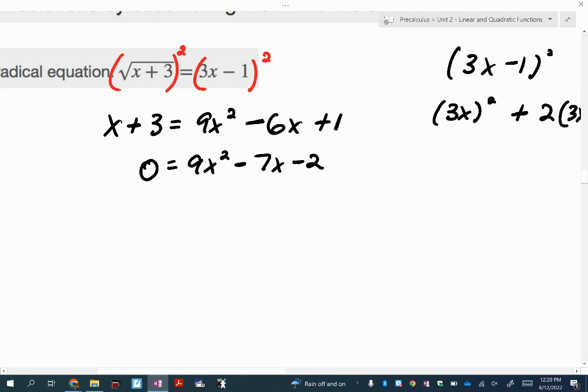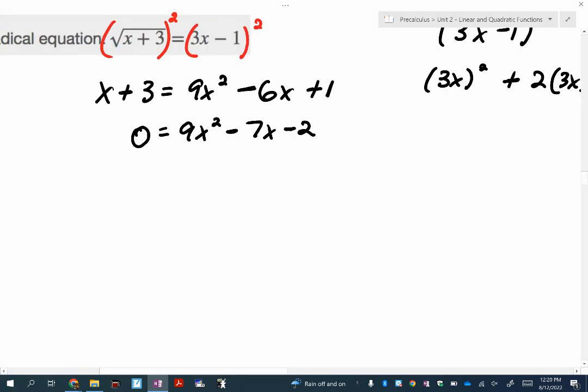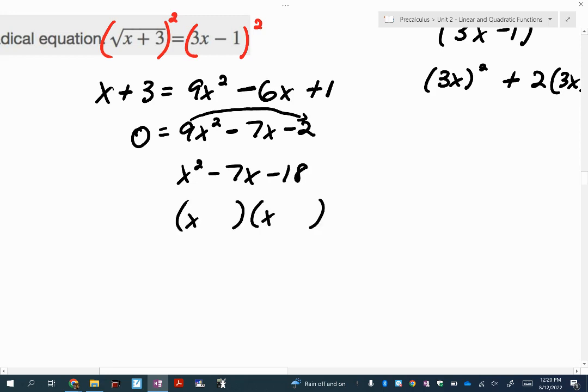Now, at this point, I see I have a quadratic trinomial that I'm going to try to use my strategies from last lesson, which is first factoring. And because a is not 1, I'm going to do the slide, divide, bottoms up method. So I'm going to move that 9 over. So slide it over to get 9 times negative 2, which is negative 18. Let's see if we can factor this. So x and x.